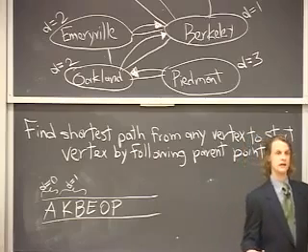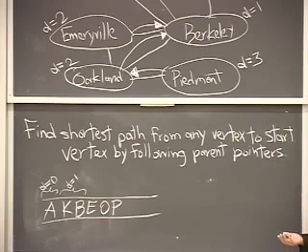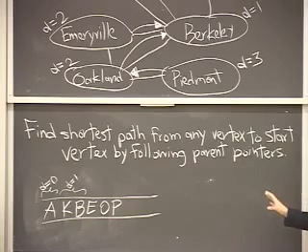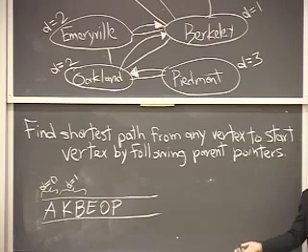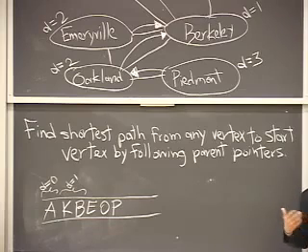Then, when we're processing the depth 1 vertices, well, any vertex that's connected to a depth 1 vertex either has to be a depth 2 vertex or it has to be already visited because it's depth 0 or 1. There's no way that you can get from a depth 1 vertex to a depth 3 vertex by a single edge, because if you could, it wouldn't be a depth 3 vertex.